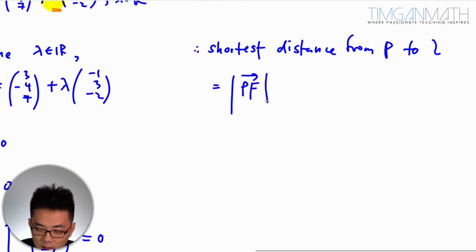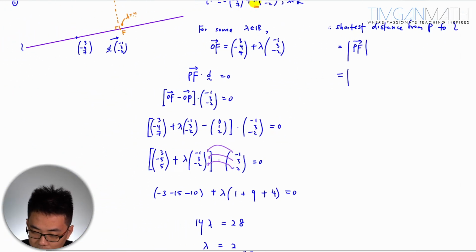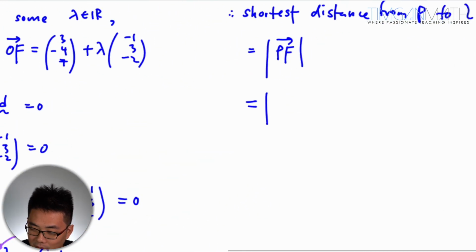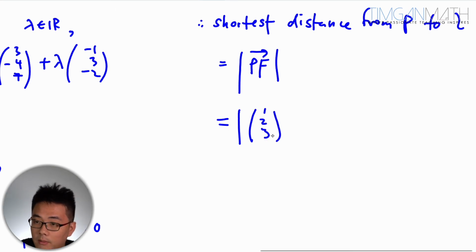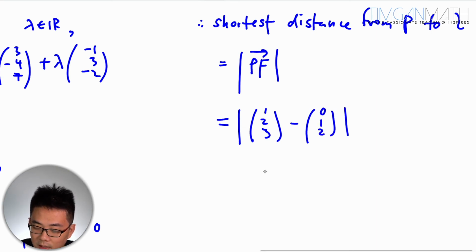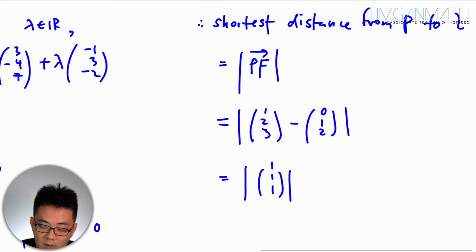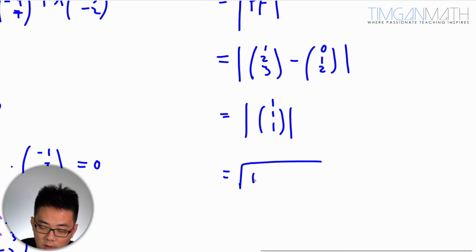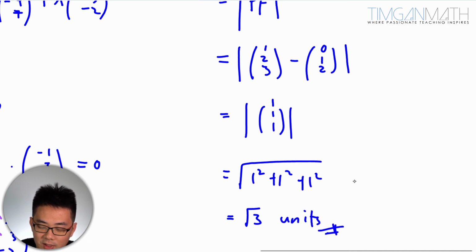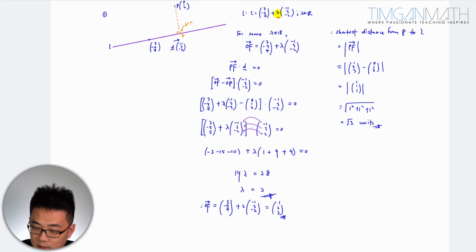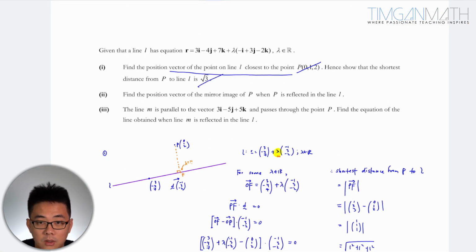So we take OF, which is (1, 2, 3), minus OP, which is (0, 1, 2). This question is a show question, so by showing it, you know your answer is correct, which is quite reassuring. So it's root 3 units. That's the shortest distance done, and that's how you do the first part.